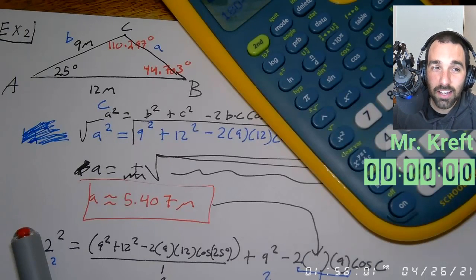So what I usually do is if I know it's the biggest angle, I use law of cosines. And if I don't know, then I use law of cosines. Does that make sense?